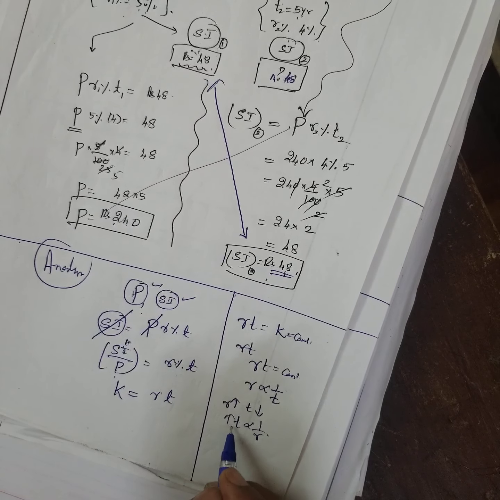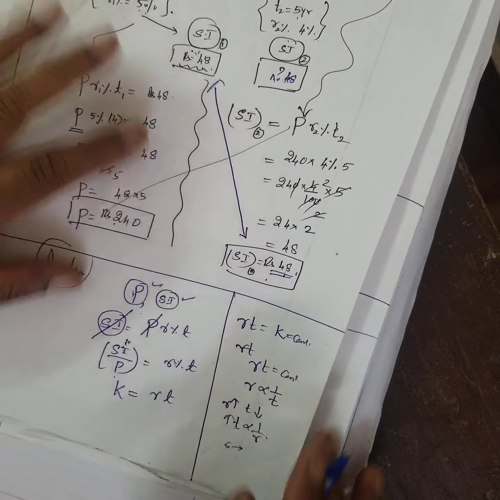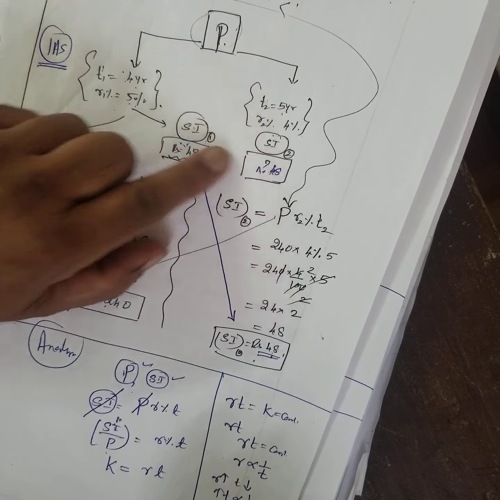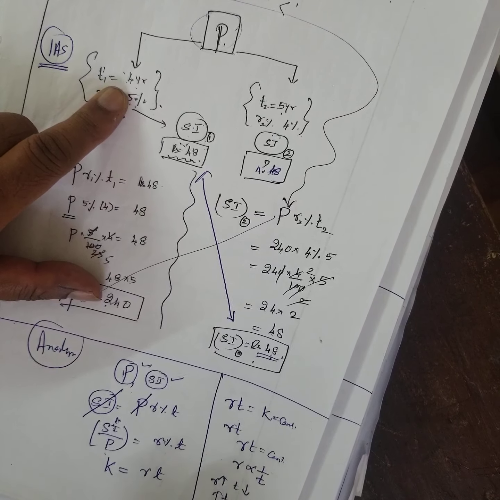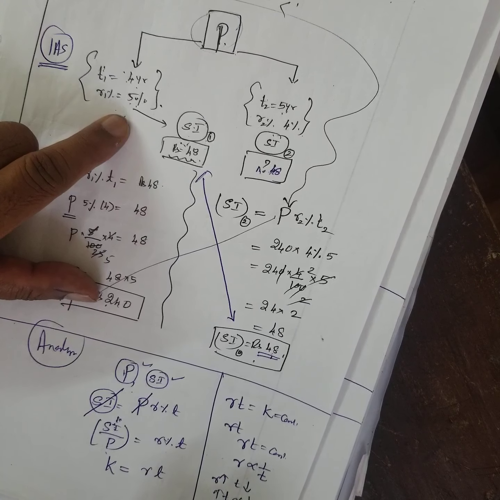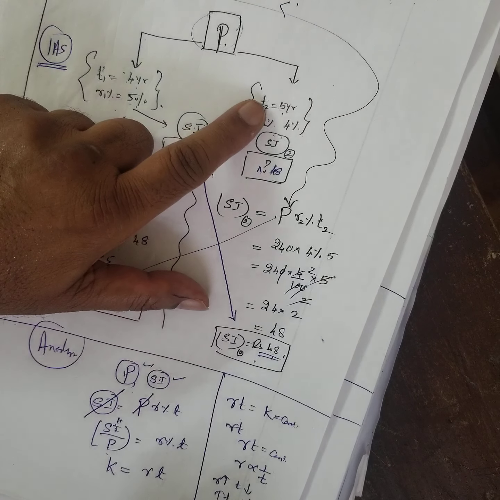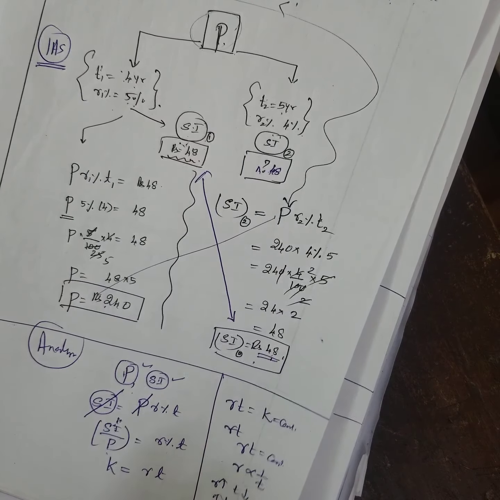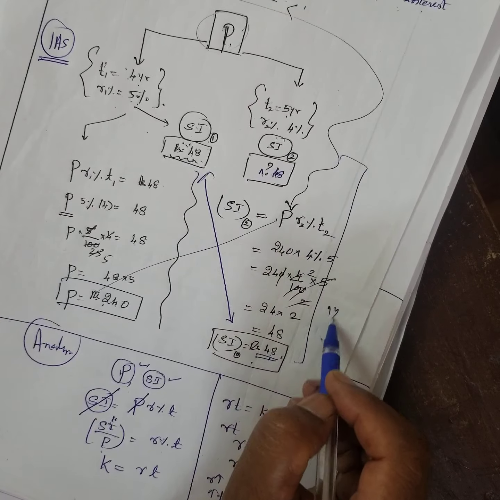When you take 5 years, what is the rate here? 4. Compare time and rate. When it took 4 years, the rate is 5 percent. When it took 5 years, the rate is 4. What is the problem? Here this person has to wait 1 year more.